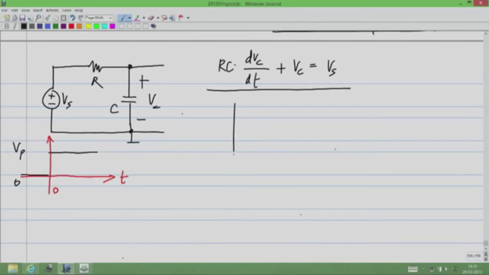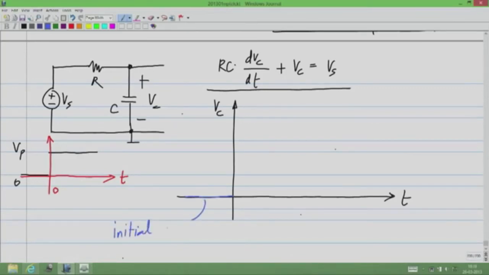So if I try to plot Vc versus time, before t equal to 0, the voltage will be 0. So that's what I have assumed. Okay. So this is because I say initial condition, but I really mean for t less than 0, on the capacitor.